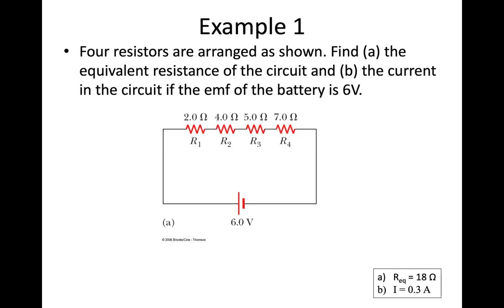Okay, so let's start with our first example here, where we have 4 resistors arranged as shown. So I think in this example, it's a little bit obvious that it is a single loop, a single branch. There's nowhere for the water to flow, and everything that passes through resistor 1 will pass through resistor 2, resistor 3, resistor 4, so on and so forth.